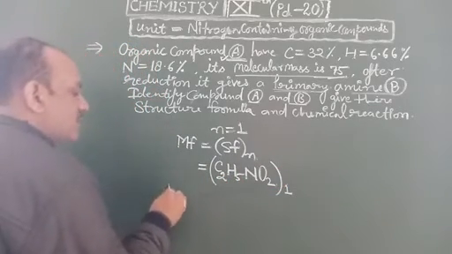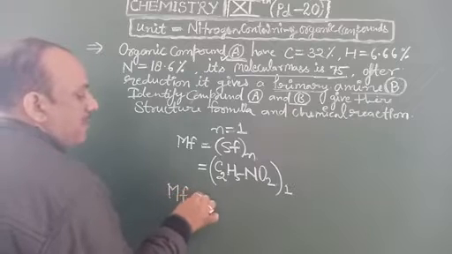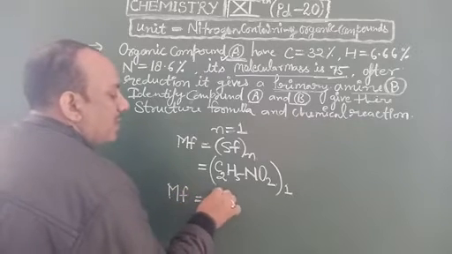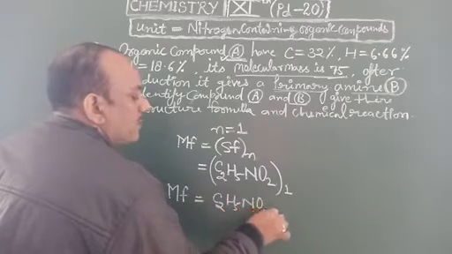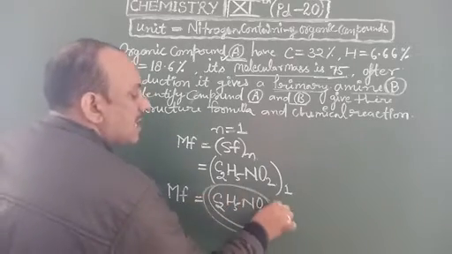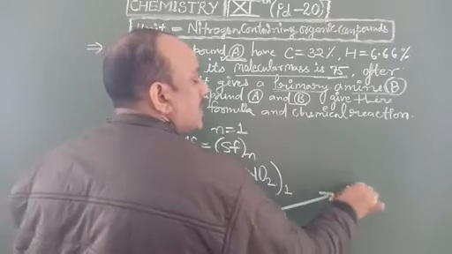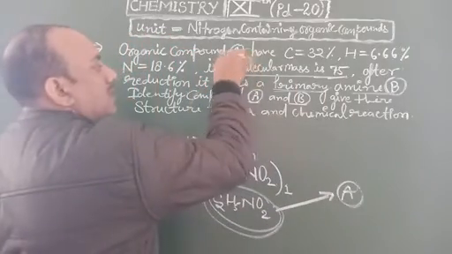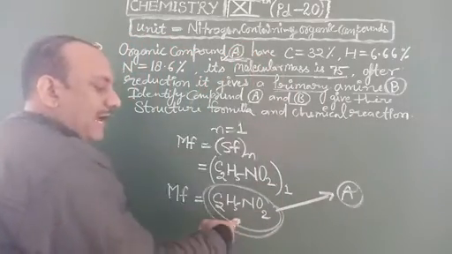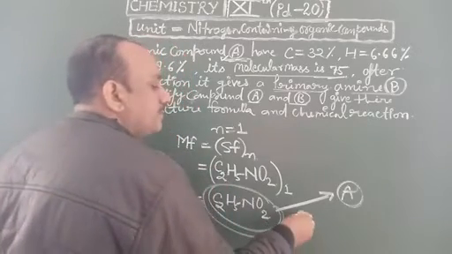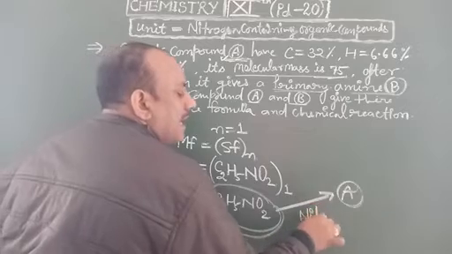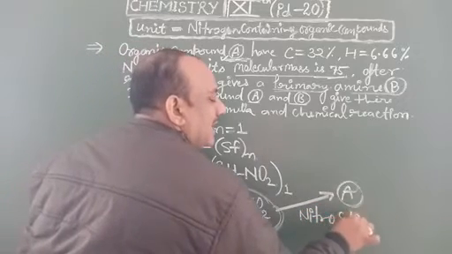Then MF equals the same as the empirical formula, C2H5NO2. Students, this is compound A according to this question, because here A is unknown. Now we identify C2H5NO2 as nitroethane.